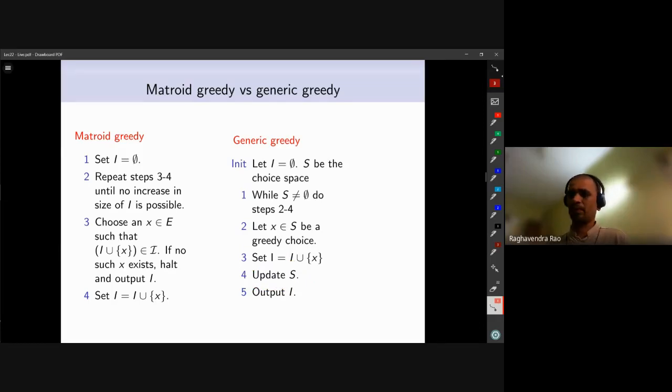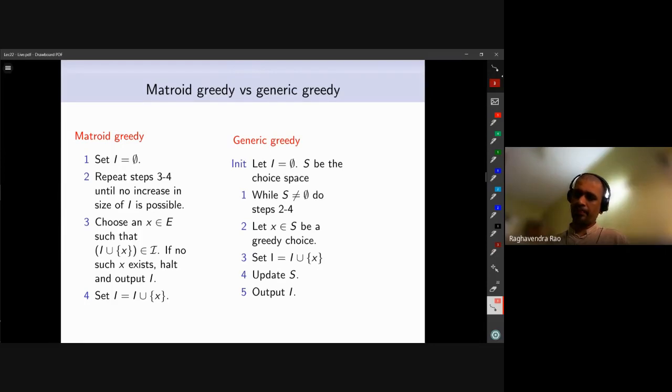Even in the case of a matroid, you could update E. You can throw away things which you know for sure you cannot add to I. Is it fine? Shall we go ahead?